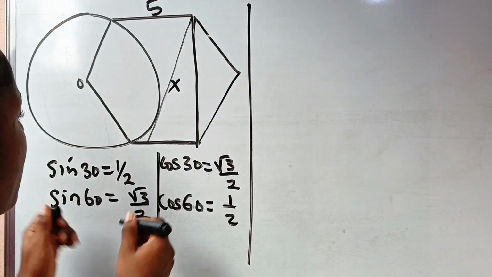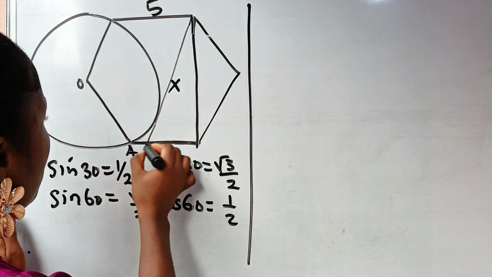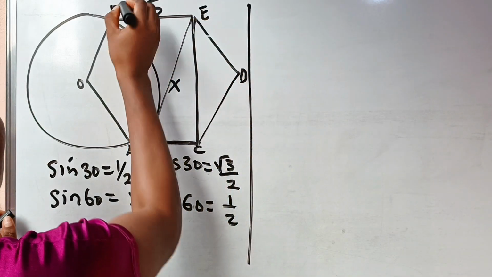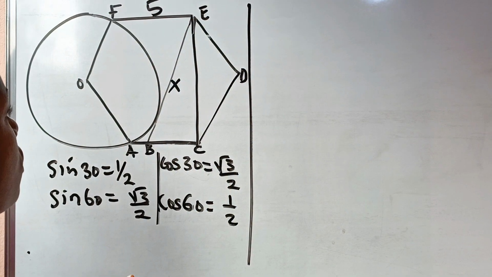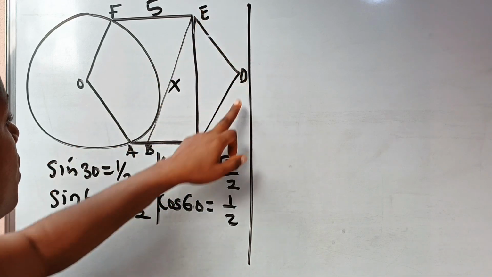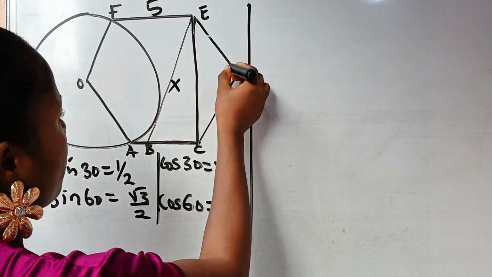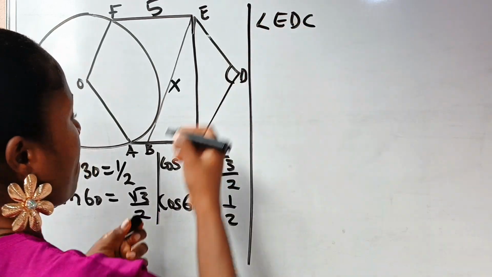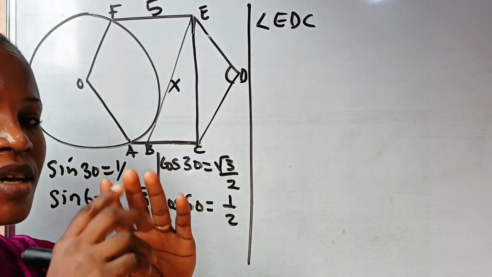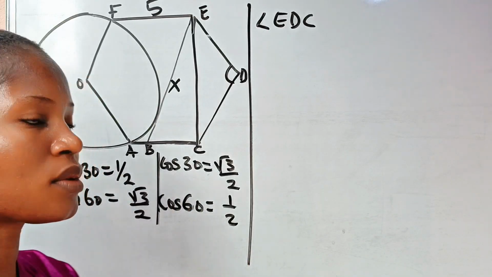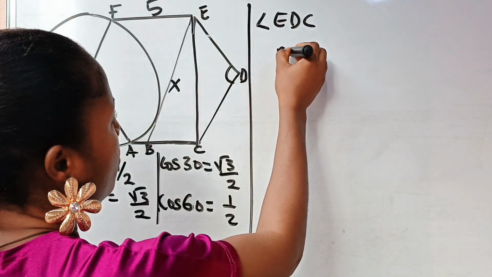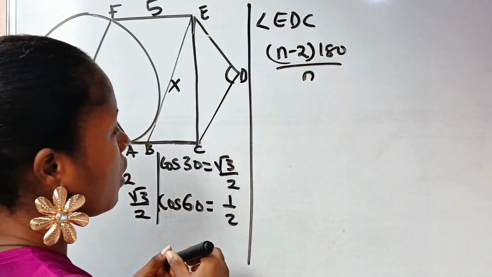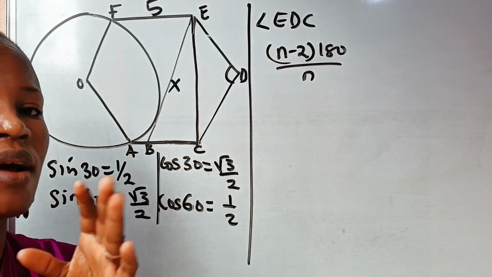Let's name this A, B, C, D, E, F. So we have angle EDC. Remember that if you want to get the interior angle of any regular polygon, the formula is n minus 2 multiplied by 180 divided by n.